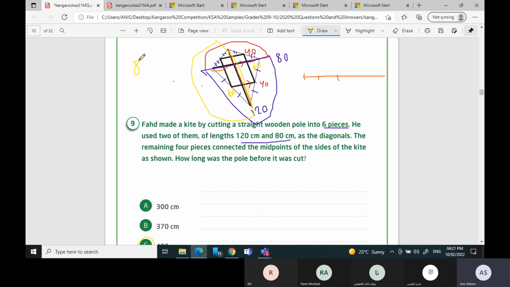So I have 2 times 80 plus 2 times 120, it's equal to 160 plus 240.